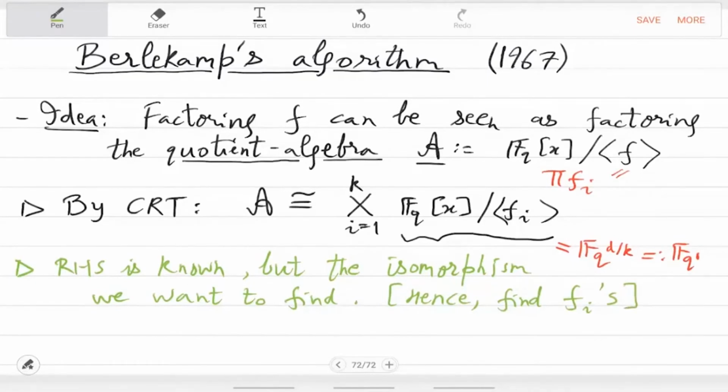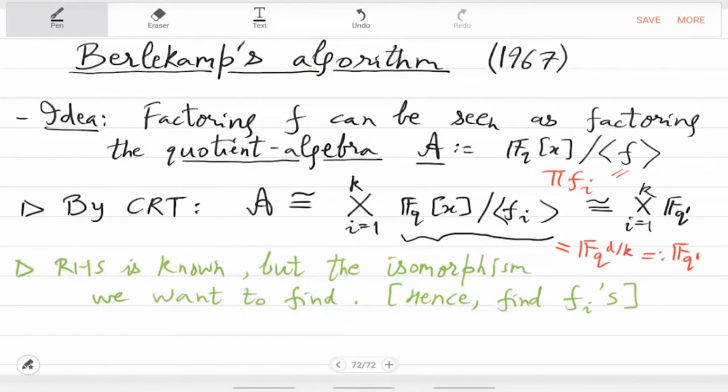In fact, let me clarify this a bit more. So when I say structure, I mean this. This last thing, the direct product of k many Fq primes, is the only thing which is known. The previous isomorphisms are not known.